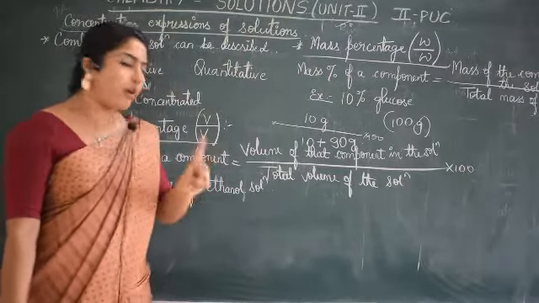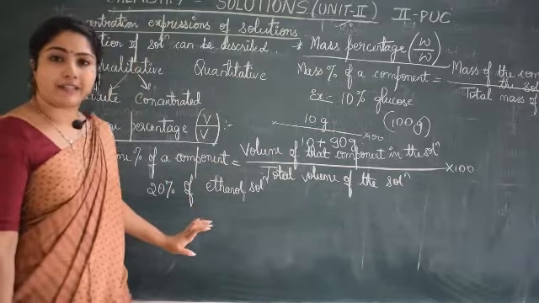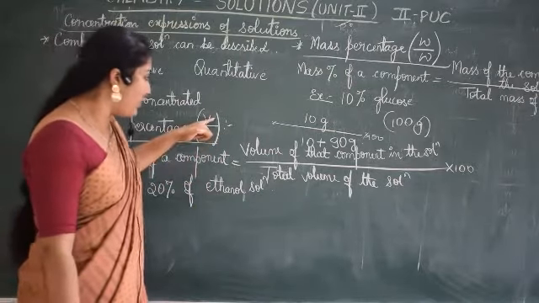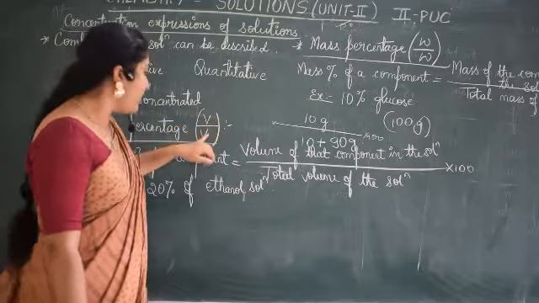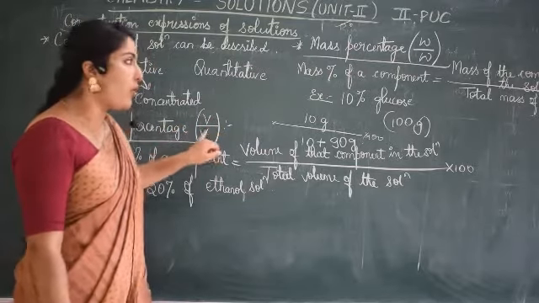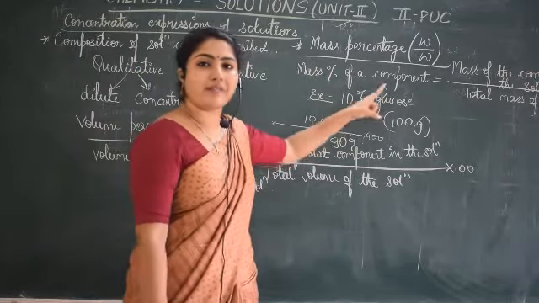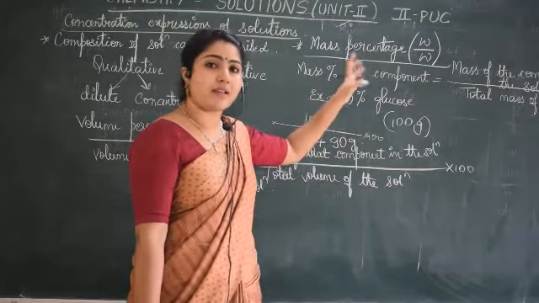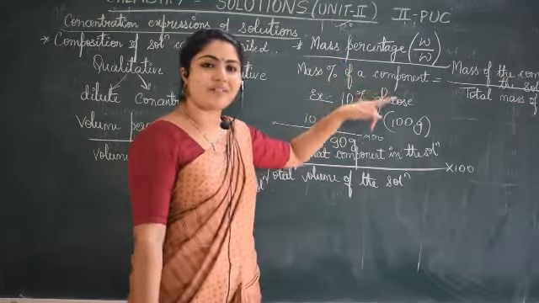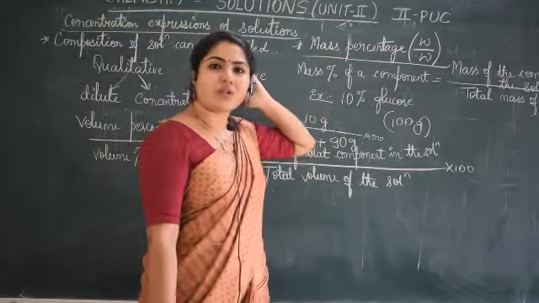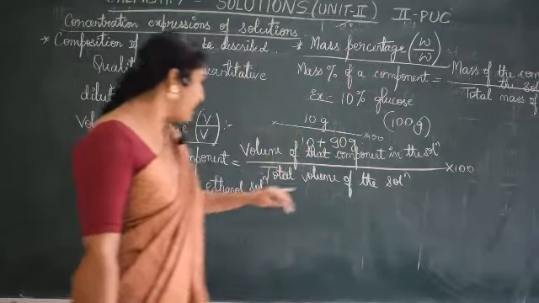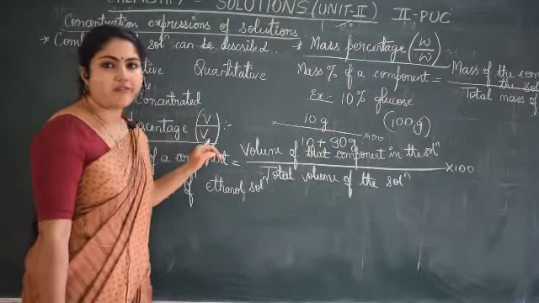It means out of 100 ml it is volume. That means both solute and solution are in volume. Earlier, solute and solution were both in terms of mass. Here both are in terms of volume.